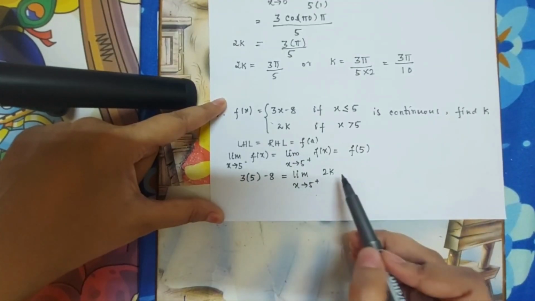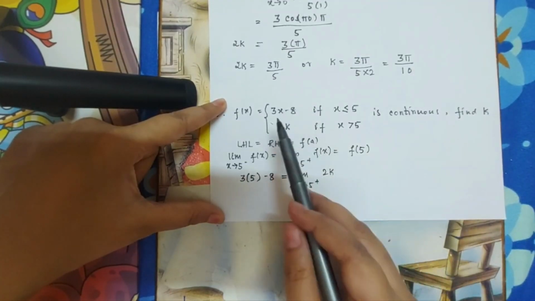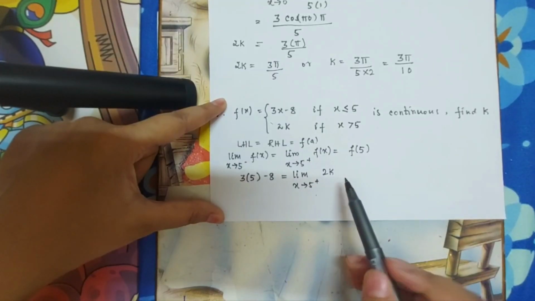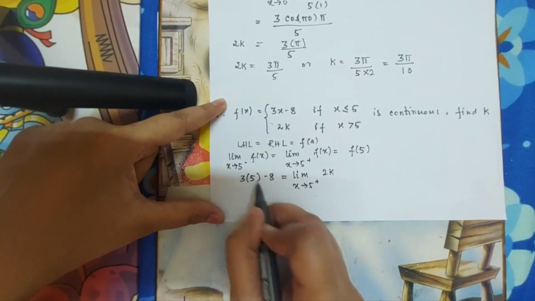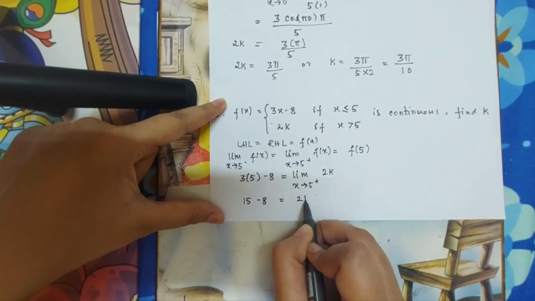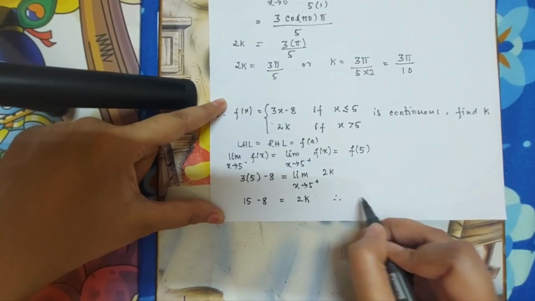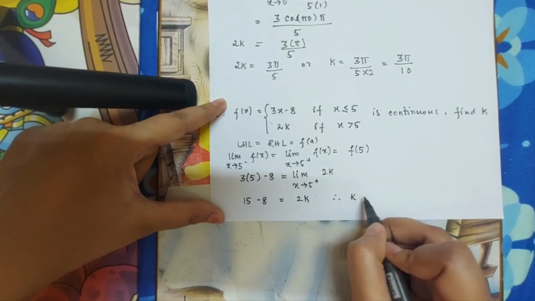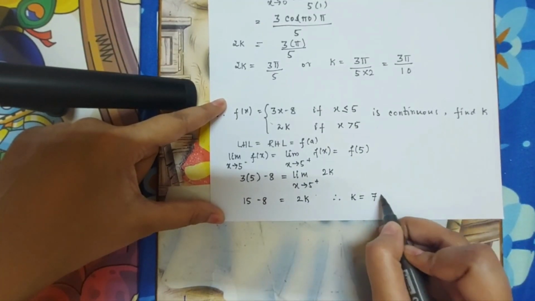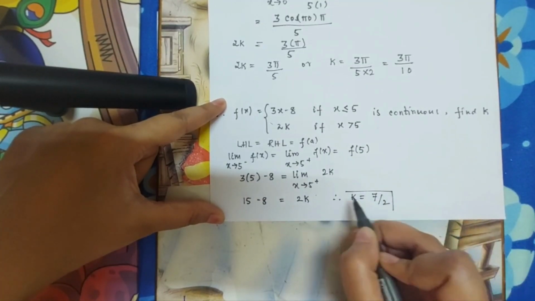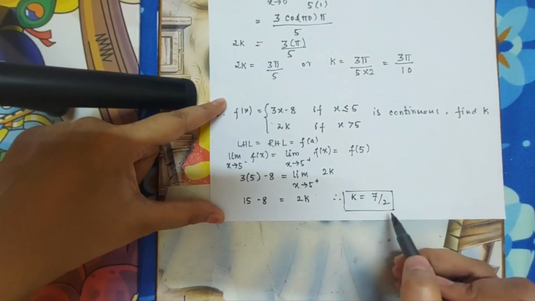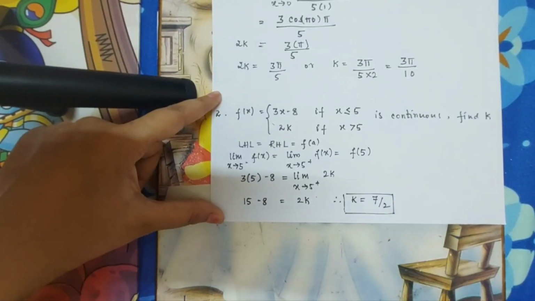Since this term is independent of variable x, even if we apply the limit, 2k will remain as it is. So 5 3s are 15 minus 8 will be equal to 2k. Therefore, the value of k will be 7 divided by 2.